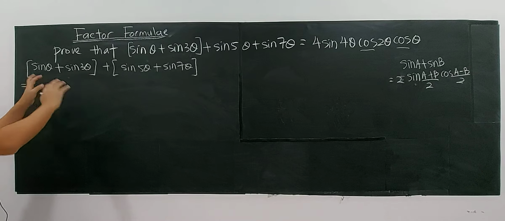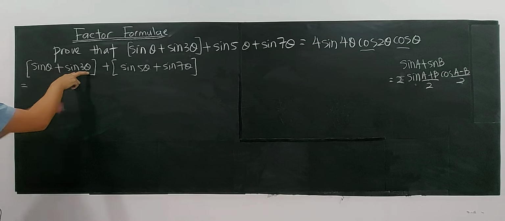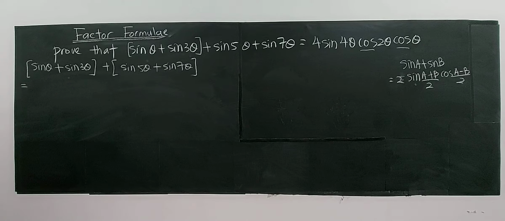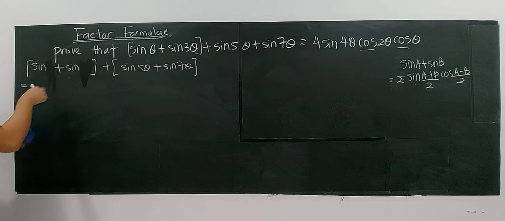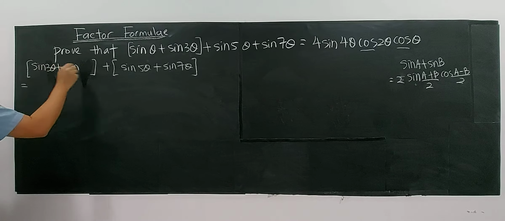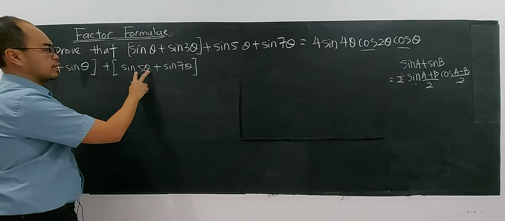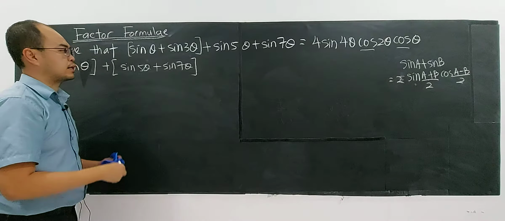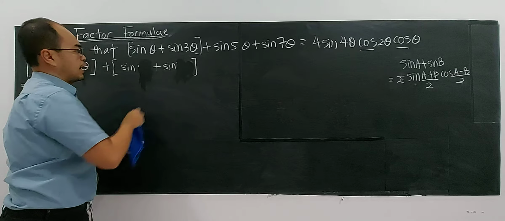I want to avoid the negative angle formula. Sine theta plus sine 3 theta is the same as sine 3 theta plus sine theta, because when you subtract, you have a negative angle. But it's okay, you can also use this, but I prefer the other way.